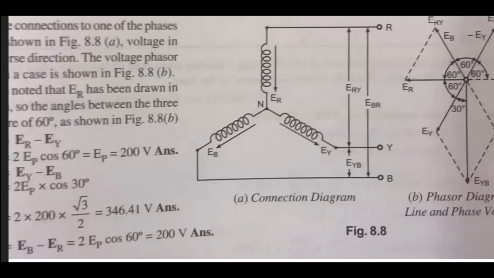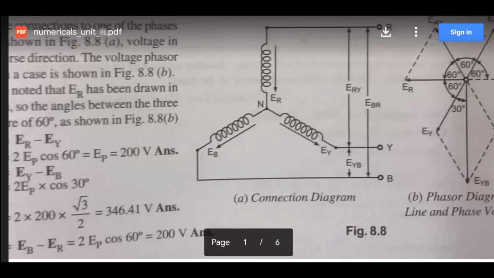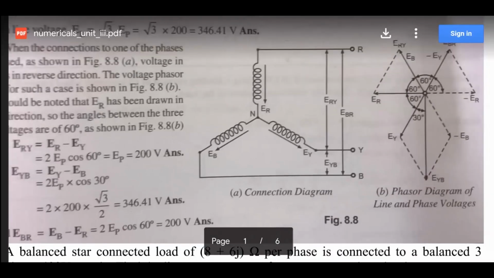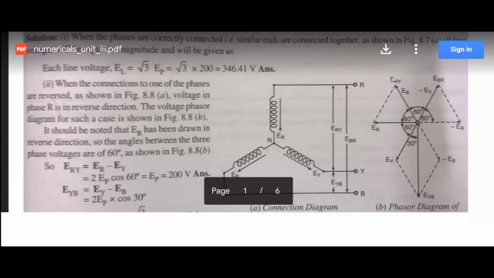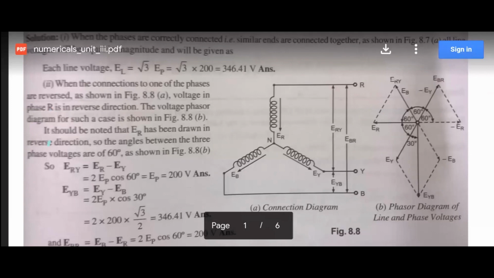ER square plus EY square. When we write this formula in terms of calculation of magnitude, in which manner do we write? In this case, we write ERY vector with mod sign, then we calculate. Again here it will be ER square plus EY square minus 2 ER EY cos of the angle between them.